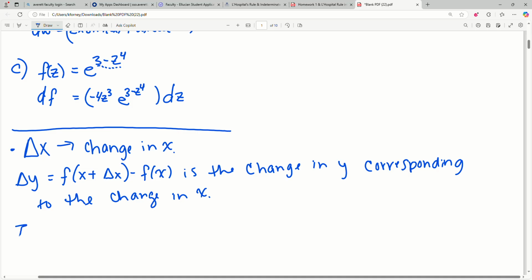These are just some facts. So if the change in x, or delta x, is small, we assume that delta y is approximately dy, the differential.